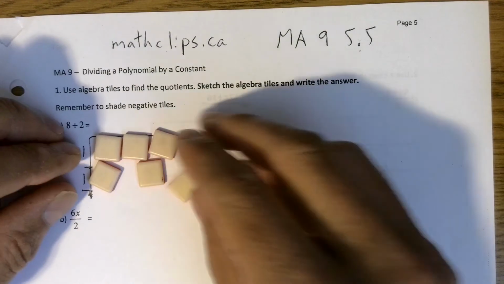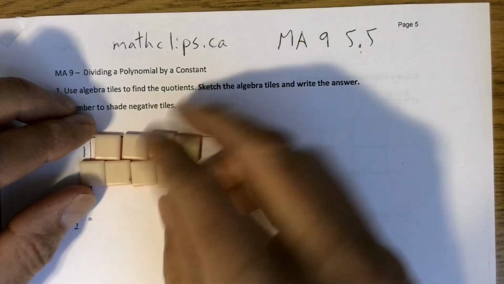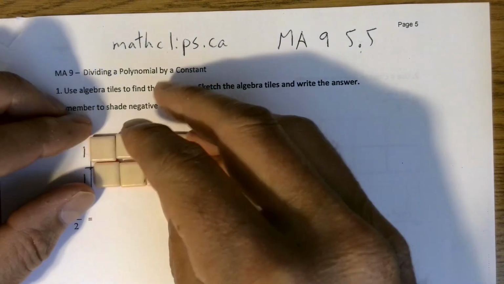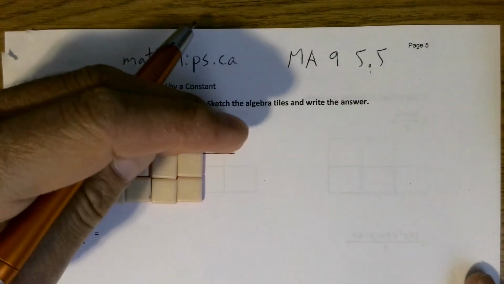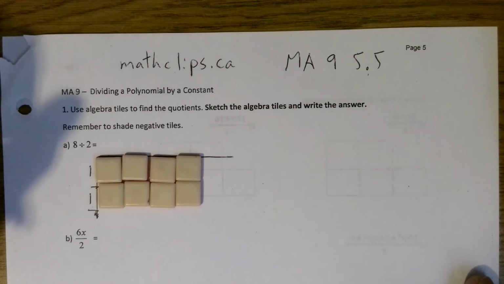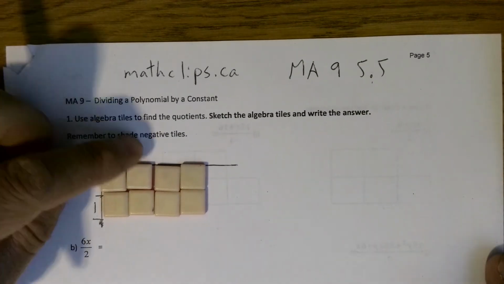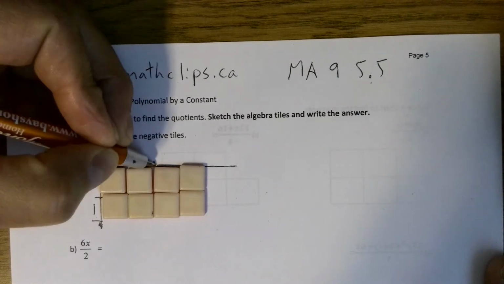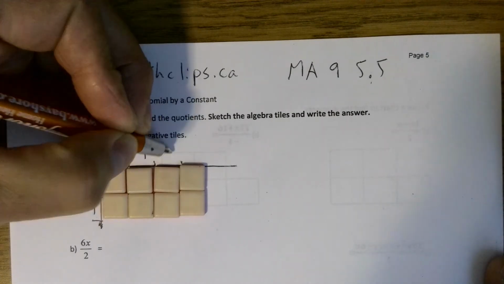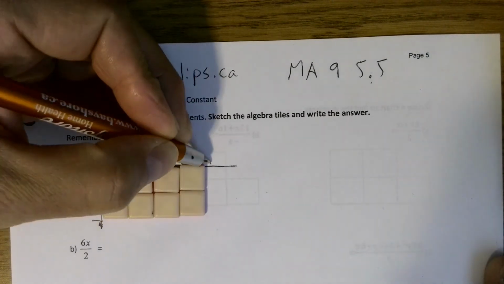Okay, here we go. Here's my rectangle I have made out of my 8 tiles. Notice it has to be a rectangle, not an L or whatever other shape. And now I need to label the other side. So that's 1, that's 1, that's 1, and that's 1, and that's extra.